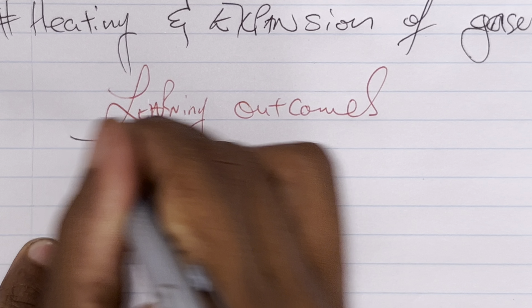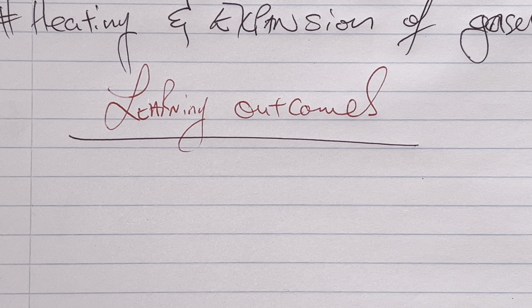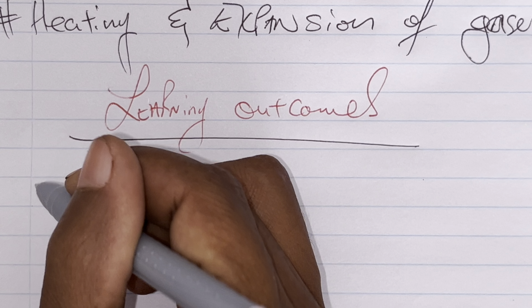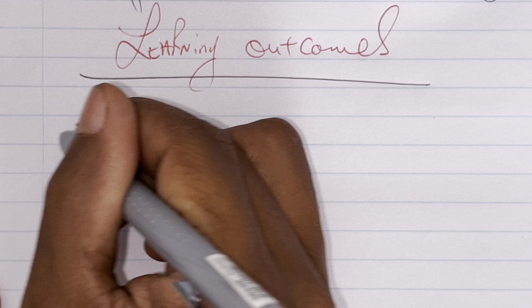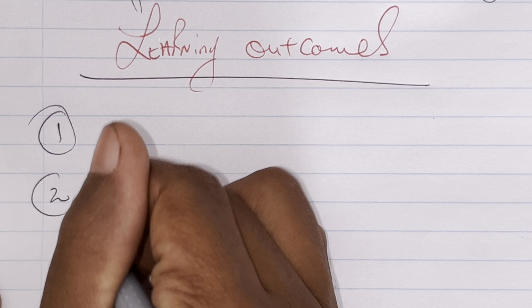So when we talk about learning outcomes, there are 5 different types of outcomes. Okay, 5, so let's write them down. This is 1. Then there's also 2.